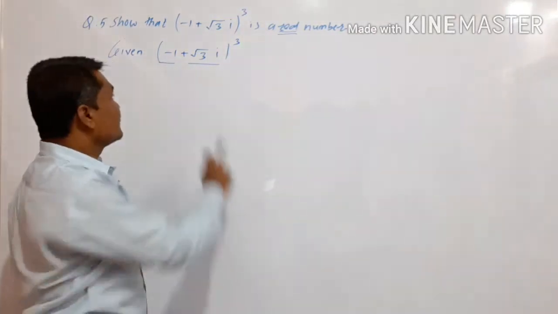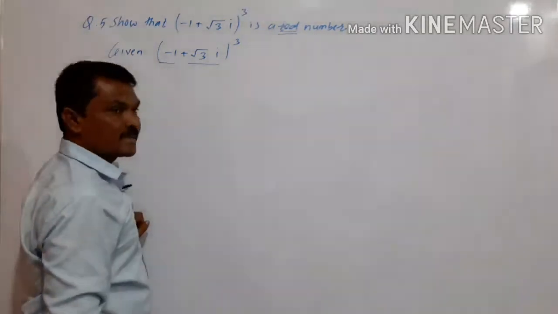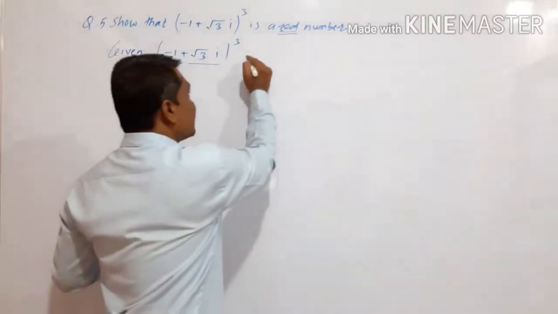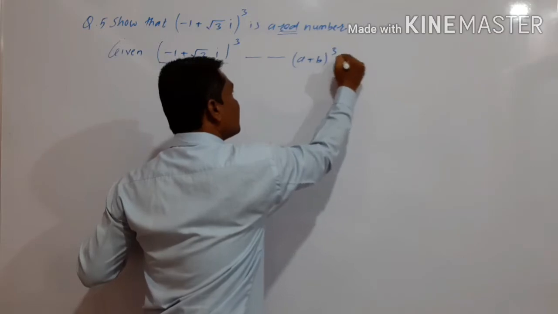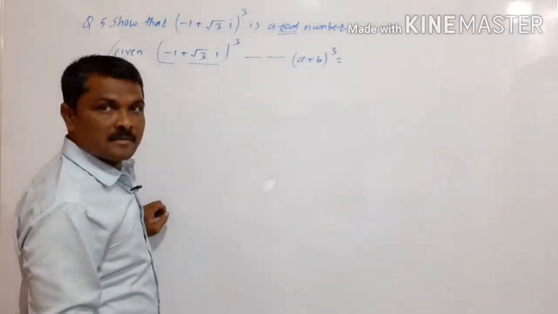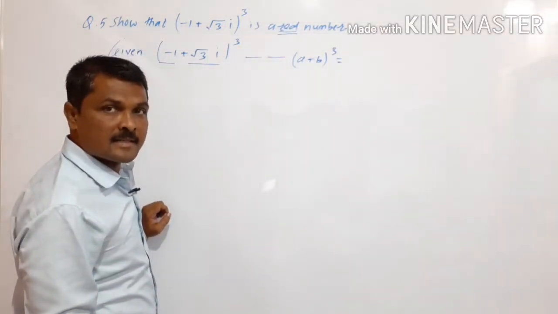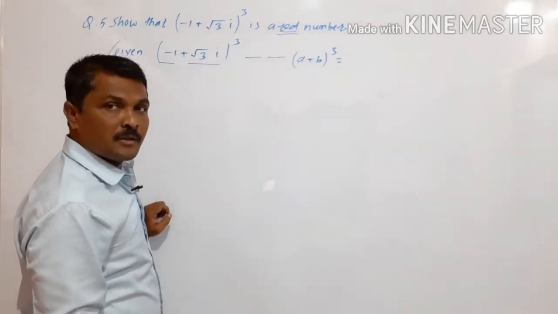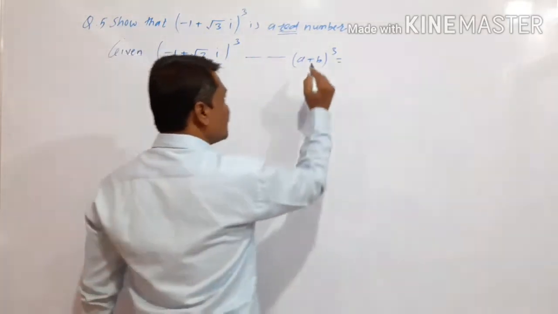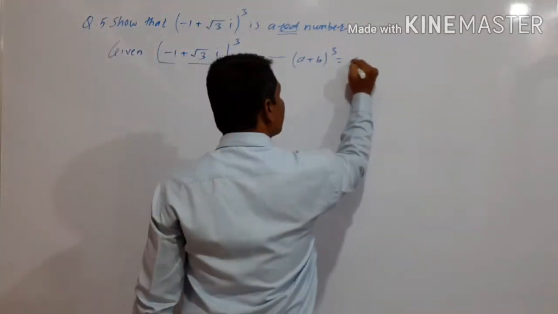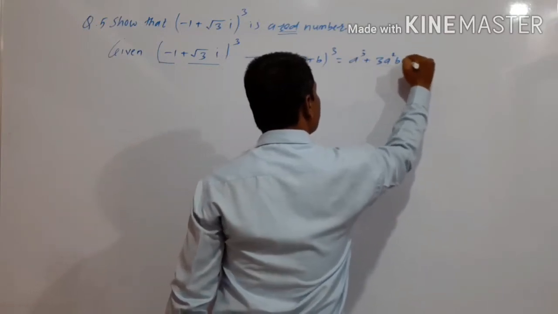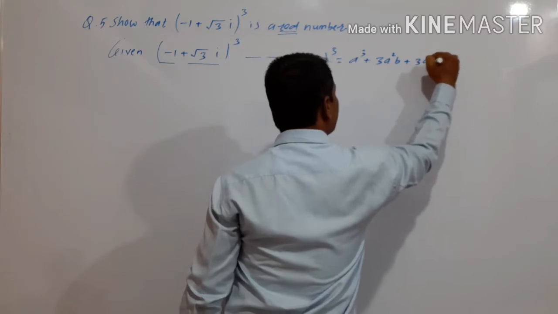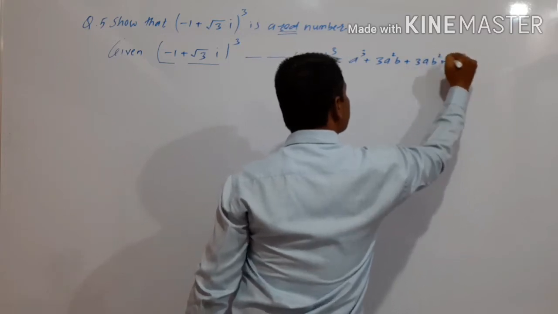Two terms, with a plus sign in between, so we must know the formula (a + b)³. In 9th and 10th standard you have read it. The formula is a³ + 3a²b + 3ab² + b³.